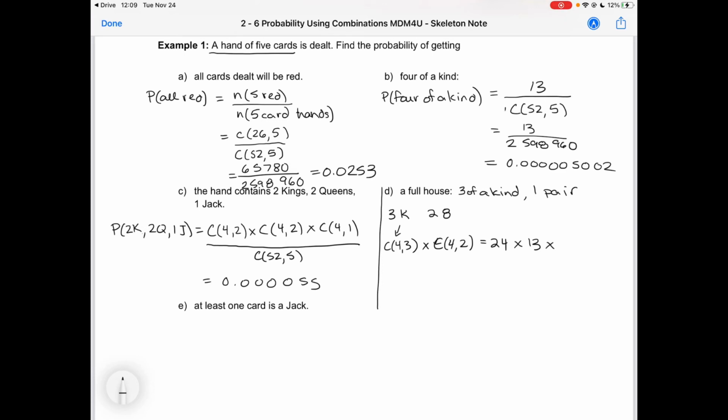Then we're going to multiply by the number of ways that we can get a pair, which is going to be 1 less than 13, because we've already used one of our numbers as 3 of a kind, so there's no way to get 3 of a kind and a pair from the same number. So this is going to give us our numerator, 3,744, and we're going to divide by the number of 5-card hands, same as our previous questions, which gives us about 0.144%, which is actually quite a bit higher than examples B and C.